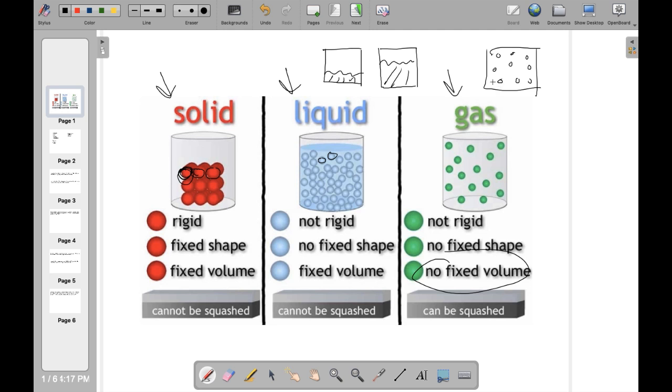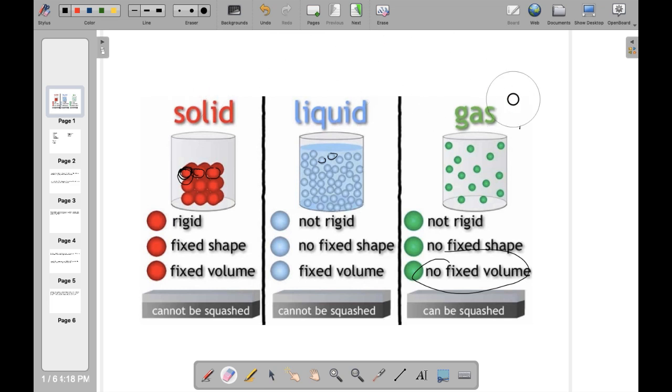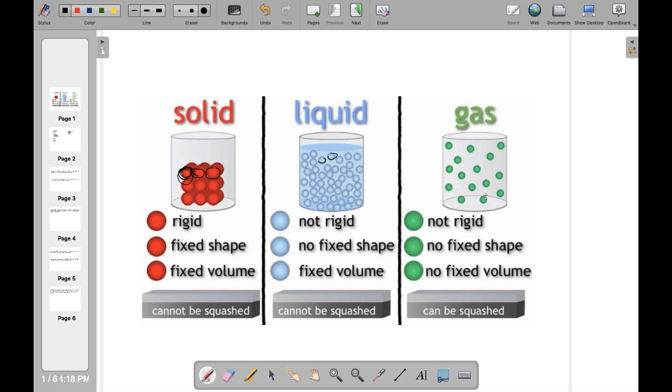The intermolecular forces between these particles are basically almost zero. We'll talk more about that later. The kinetic energy inside of here is much stronger than liquid or a solid. So that's what we're talking about when we're talking about a gas. And normally we're talking about a gas inside of some container, because otherwise it would just float out into the atmosphere and be everywhere.